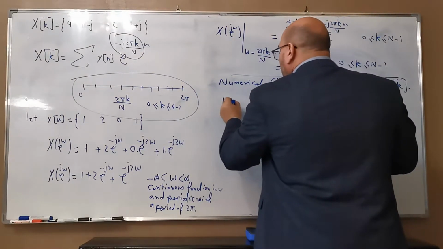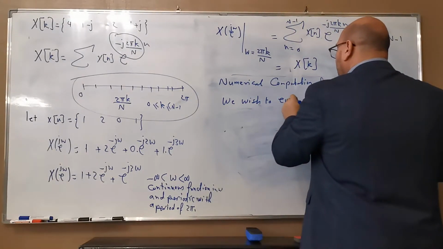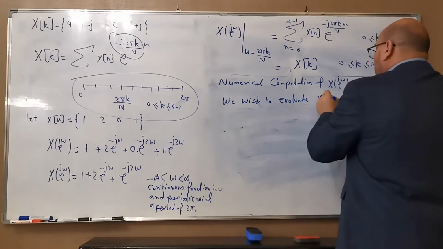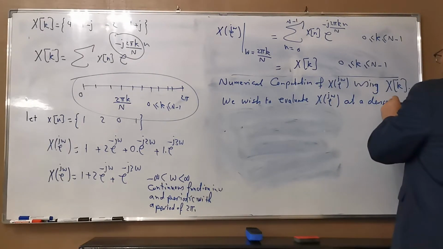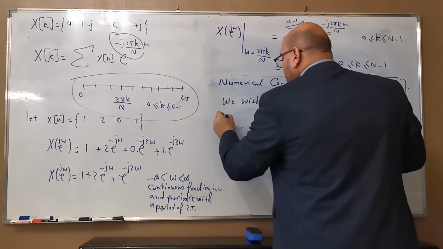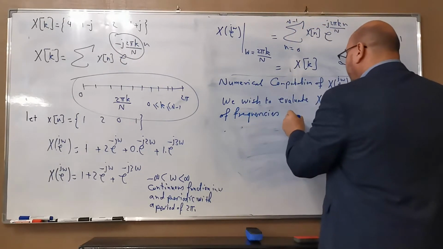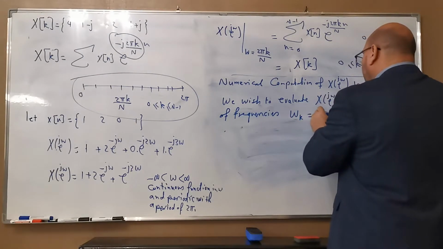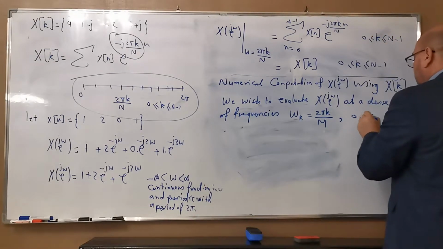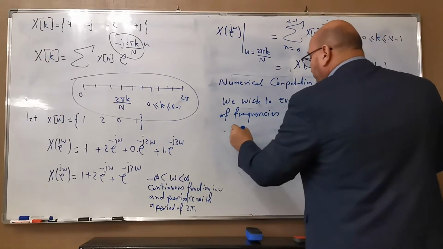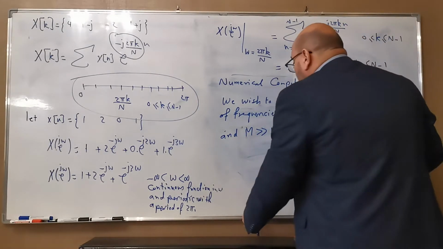Okay, so we wish to evaluate X(e^{jω}) at a dense grid of frequencies ω_k, which is equal to 2πk over M, where k is between 0 and M minus 1, and M is much greater than N. Okay, what does that mean?